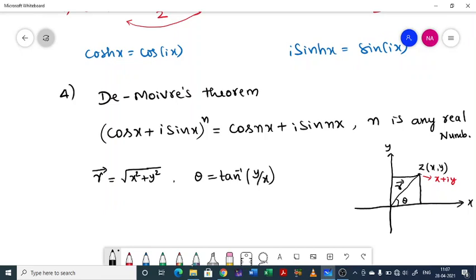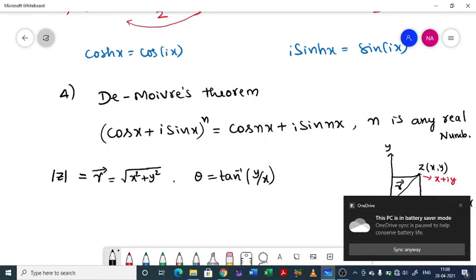Here r, given by square root of x square plus y square, represents the distance of the point z from the origin. We prefer the notation in terms of z only, so for r we shall write modulus of z.